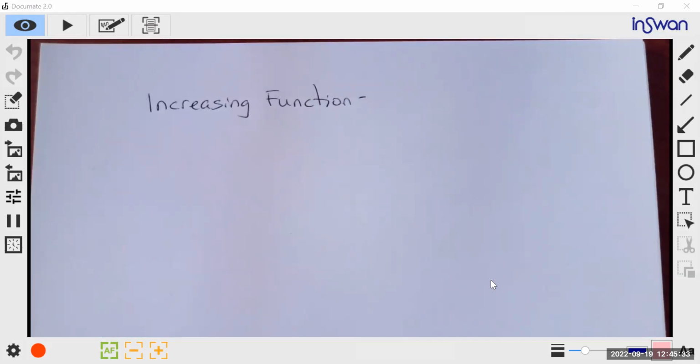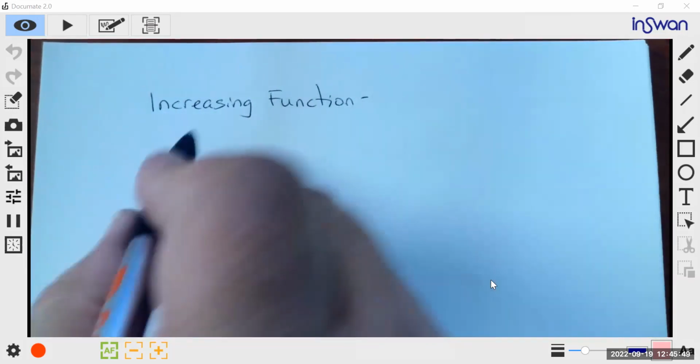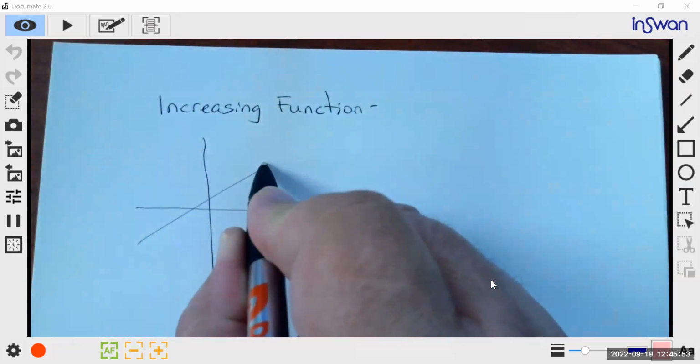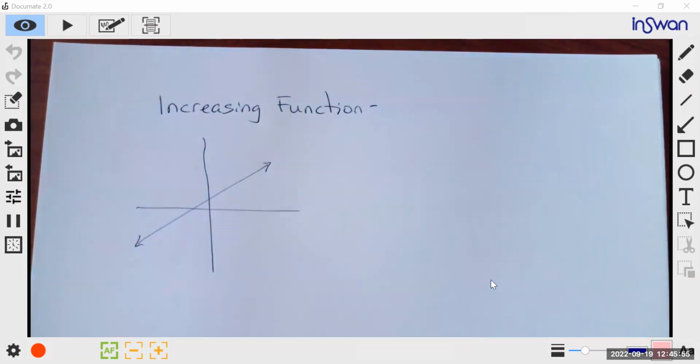Okay, it's getting bigger. Yes, but now can you clarify that? What's getting bigger? The numbers, yeah. So basically it's this. Here's an example. This is an example of an increasing function.